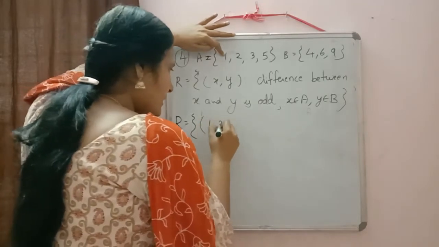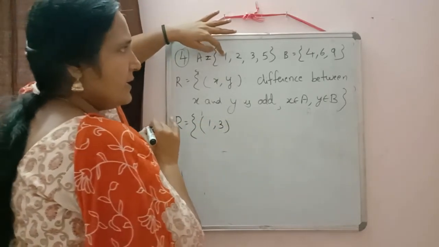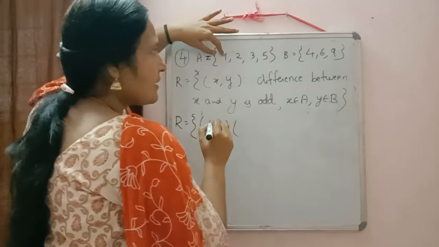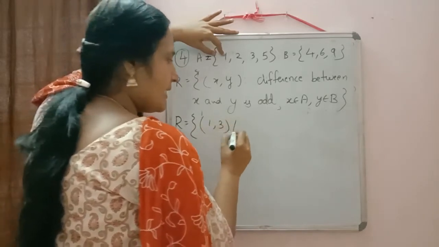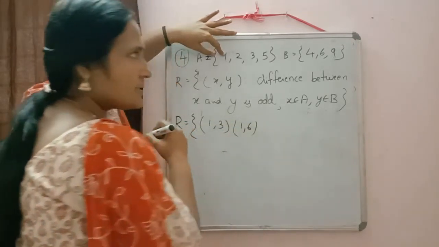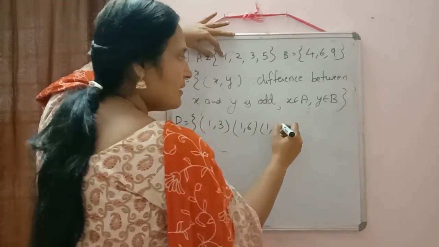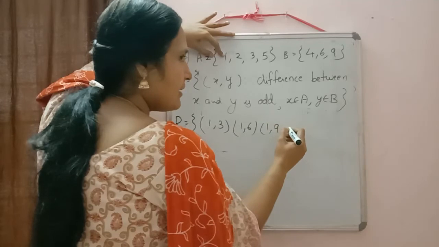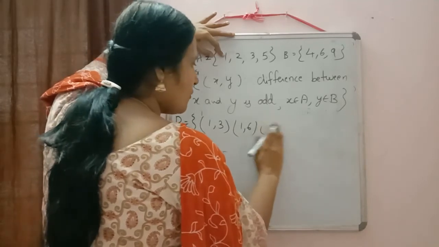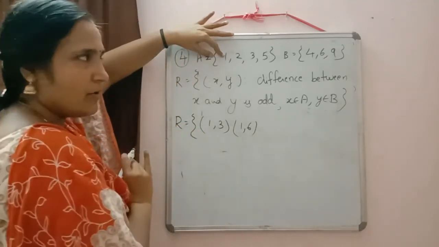Yes. So (1, 4) will be in the set. Then next (1, 6). Again 1 minus 6 is minus 5, an odd number. So (1, 6) also will be there. (1, 9) also will be there? 1 minus 9 is minus 8. No. So (1, 9) will not belong to the set.